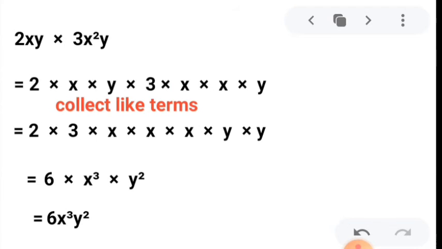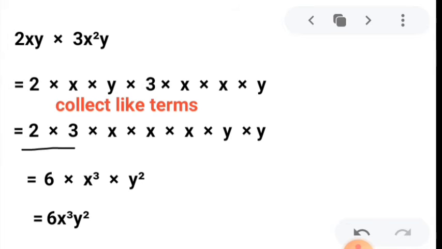Another example we are going to see is 2xy times 3x raised to the power 2y. We first of all expand. 2xy means 2 times x times y, and 3x squared y means 3 times x times x times y. So if we collect like terms together, we bring the numbers separately.